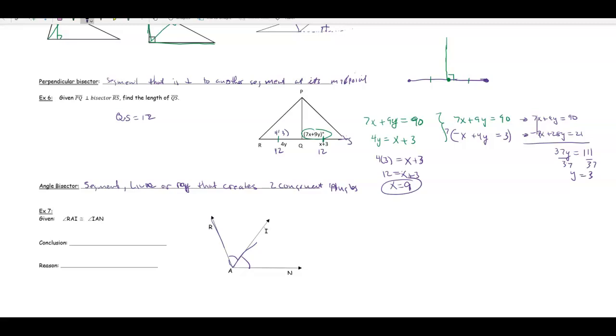So our conclusion is ray AI bisects angle RAN. And the reason is if two congruent angles, then a ray bisects the angle.